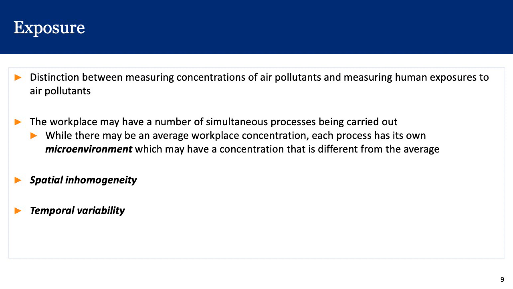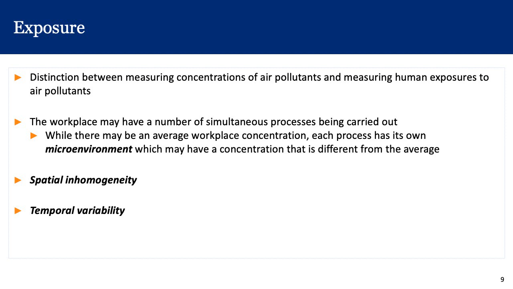As this idea of microenvironment suggests, there is a lot of spatial variability or inhomogeneity in the workplace. So the concentrations of contaminants are not uniform in the entire workplace. They are higher in one location, lower in another, and so there are regions of high and low concentration that are not entirely known beforehand.